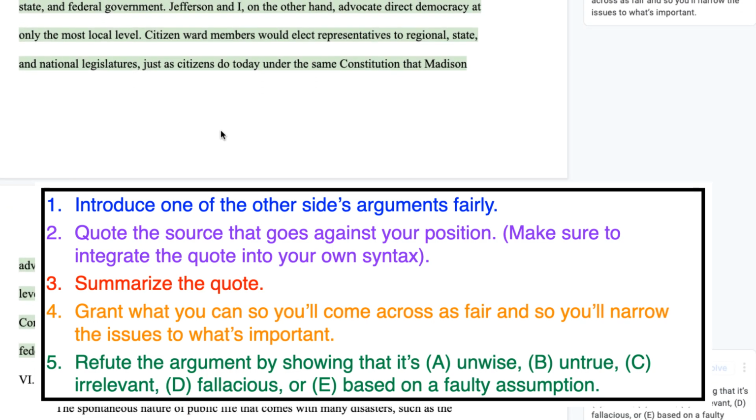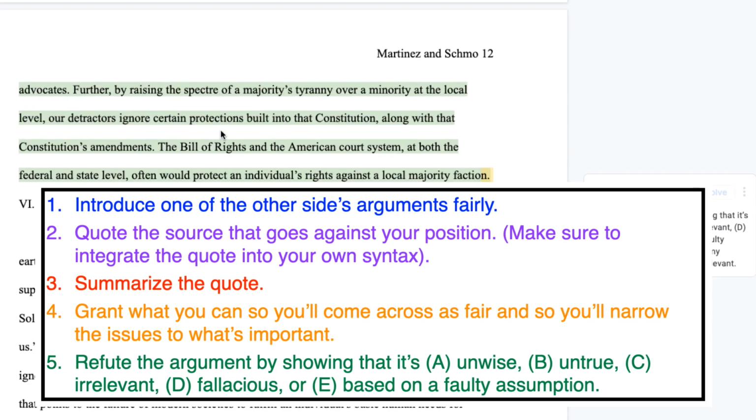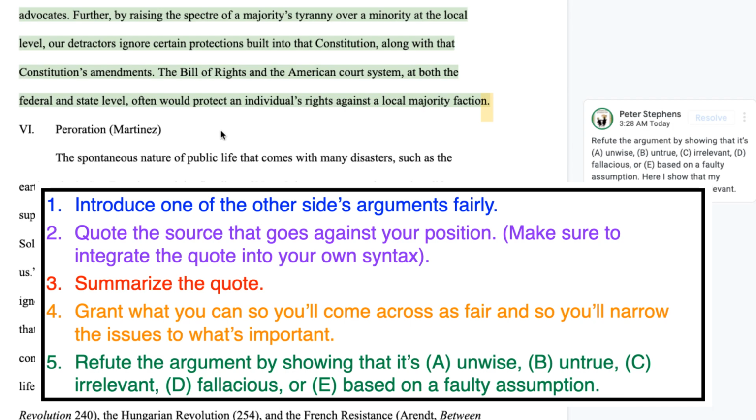Citizen ward members would elect representatives to regional, state, and national legislatures, just as citizens do today under the same Constitution that Madison advocates. Further, by raising the specter of a majority's tyranny over a minority at the local level, our detractors ignore certain protections built into that Constitution, along with that Constitution's amendments, the Bill of Rights, and the American court system, at both the federal and state level, which often would protect an individual's rights against a local majority faction.